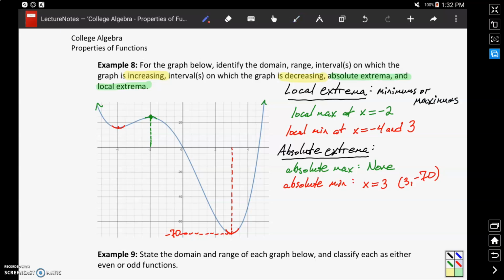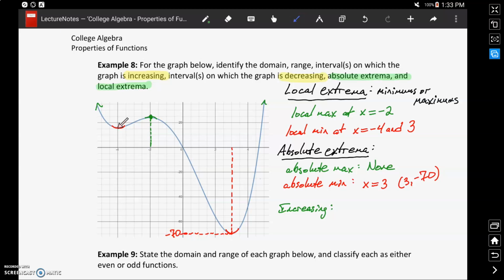We can use that idea to talk about where our function is increasing and decreasing. To say that our function is increasing, we just need to be able to identify that as we read from left to right, our curve heads up as it does in these two different regions.